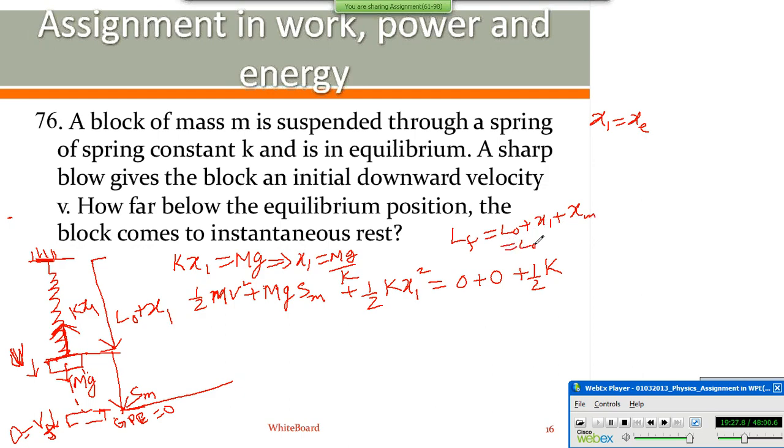We write the final length as L0 plus xf, so xf is the difference between the final length and natural length, which is equal to x1 plus Sm. So the elastic potential energy stored in the spring at the lowest position is half k into (x1 plus Sm) whole square.